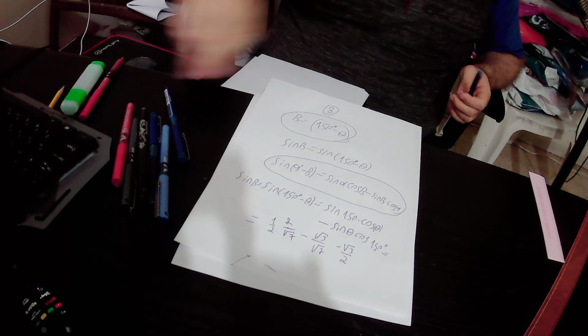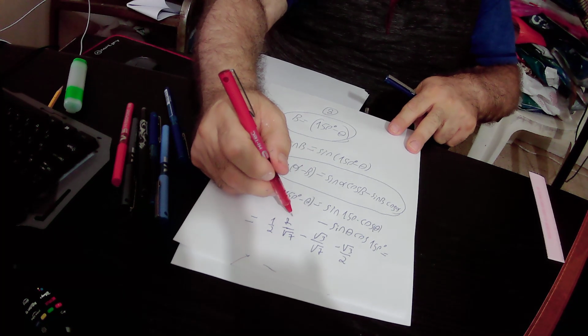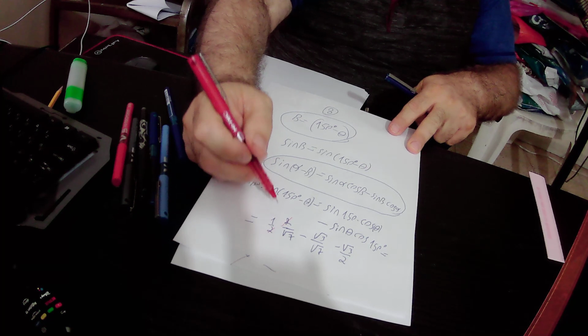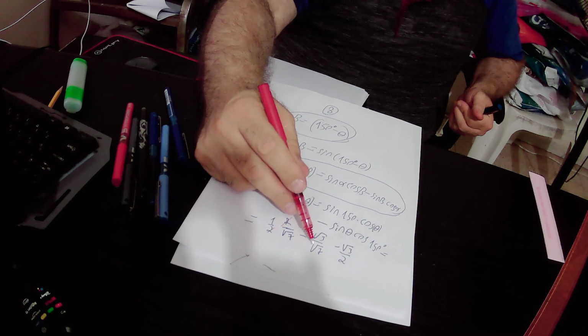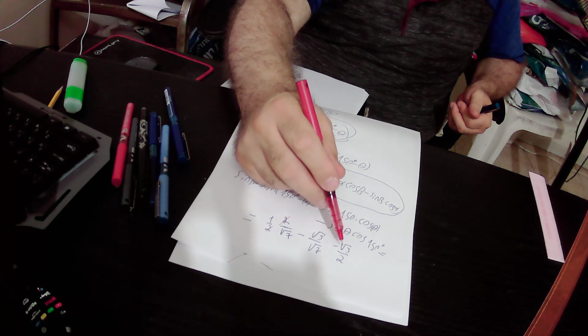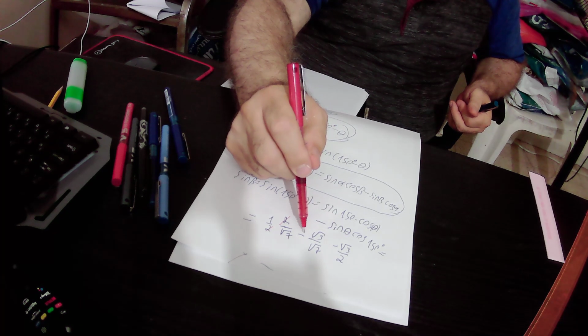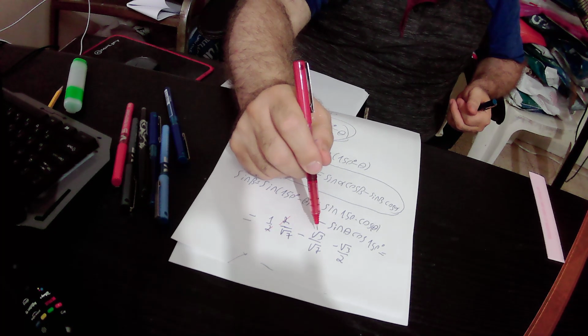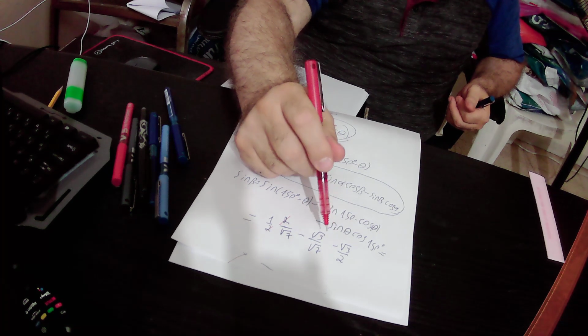So we have 2 in the numerator and 2 in the denominator, so the 2 is cancelled. Minus root 3 over root 7 times root 3 over 2. Minus times minus is plus, and root 3 times root 3 is 3.